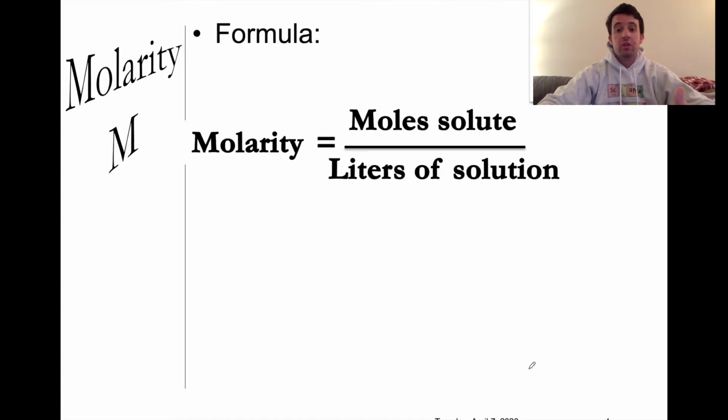So here's the formula. This is definitely something that you're going to want to take a look at. Molarity is going to equal moles of solute over liters of solution. Now, usually when we're writing out the formula, we don't write all of this.